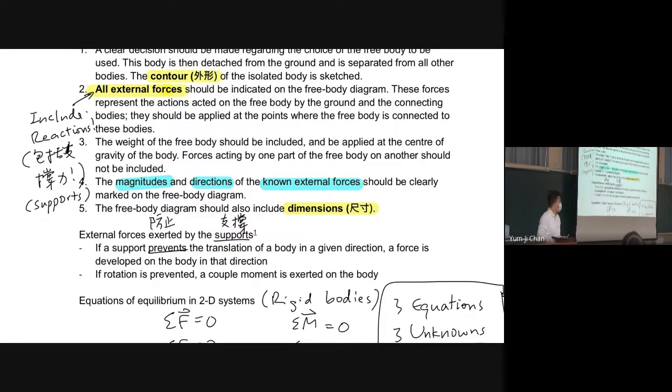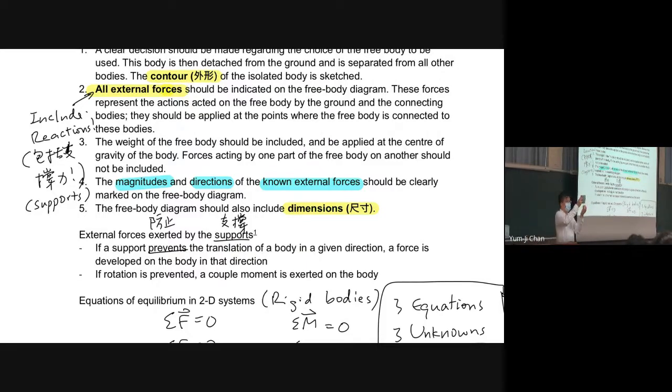The second thing is if rotation is prevented, a moment is exerted on the body. For example, for a rigid body, it can go up and go down. So we have a force given to the cup so that it cannot go down, right? And the other thing is the cup itself can also rotate, because a cup is a rigid body, it can rotate, right?